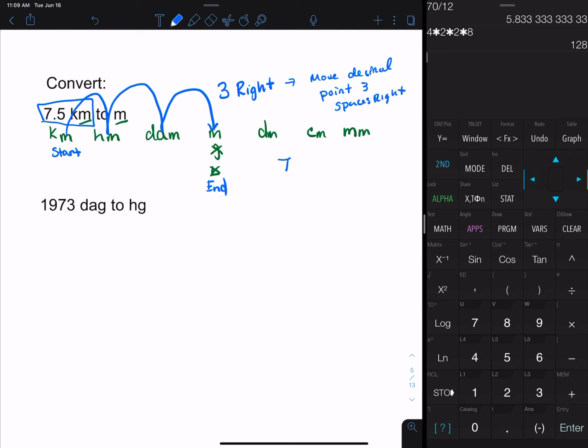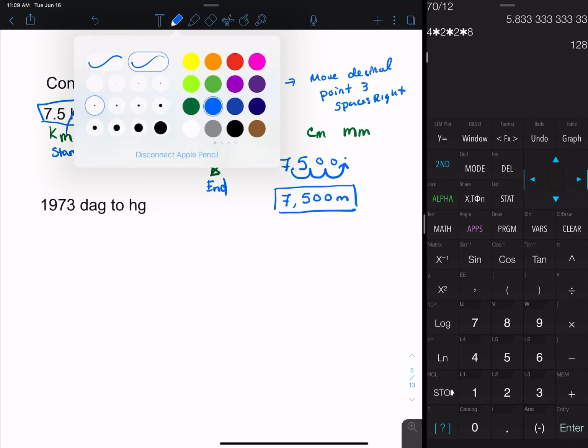So I have the 7.5. I'm going to go 1, 2, 3 spaces right, and I fill in those blank spaces with zeros. So I know that 7.5 kilometers is really 7,500 meters. I'm going to look at the same thing with this next example.